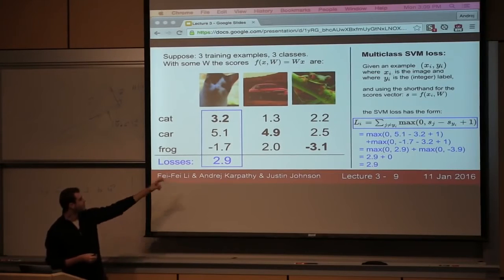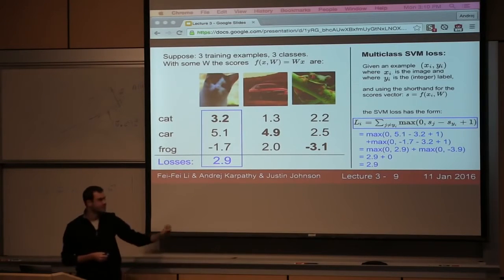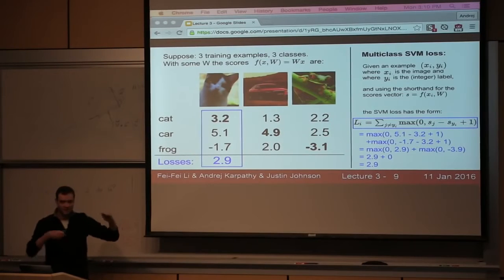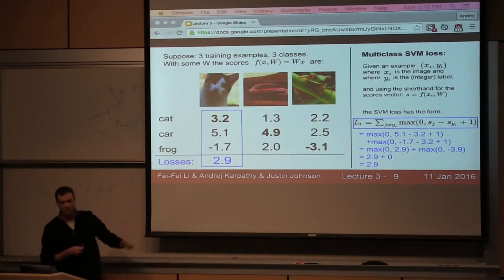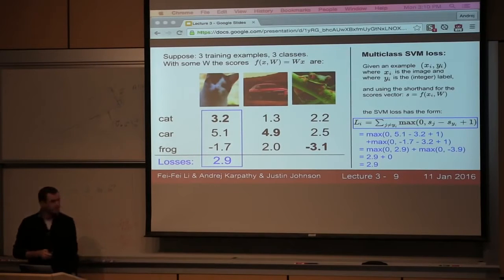And in the other case, the frog case, you can see that the frog score was quite a bit lower, below 2.2. And so the way that works out in the math is that you end up getting a negative number when you compare the scores, and then the max of 0 clamps it at 0, so you get a 0 loss contribution for that particular part, and you end up with a loss of 2.9. Okay? So that's the loss for this first image.